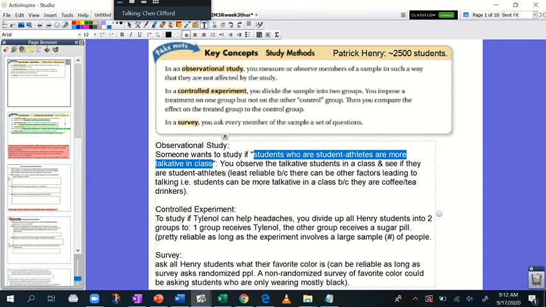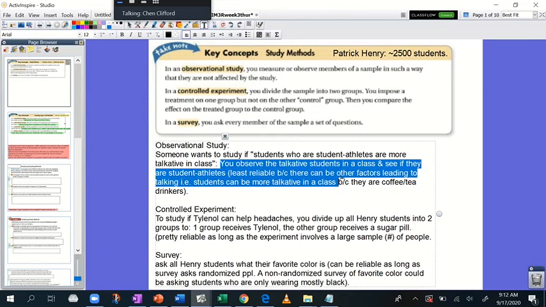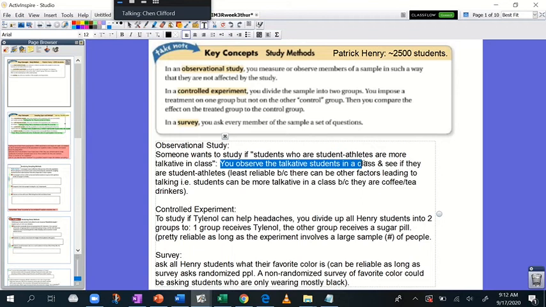So an observational study would be something like, I observe my talkative students in class and see if they are student athletes. Let's say we were back at Henry and there's 30 kids in this class, and I make a note to myself, I'm going to start looking around and seeing if the people who talk the most are athletes.